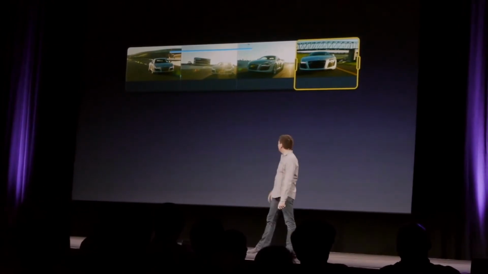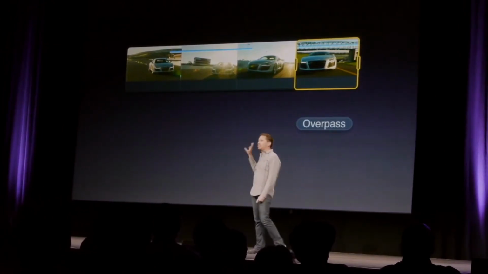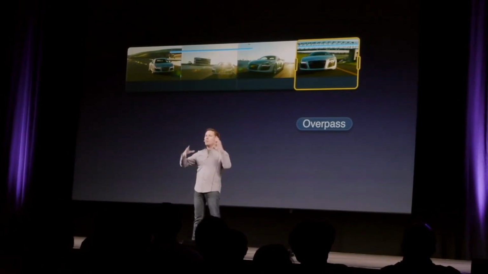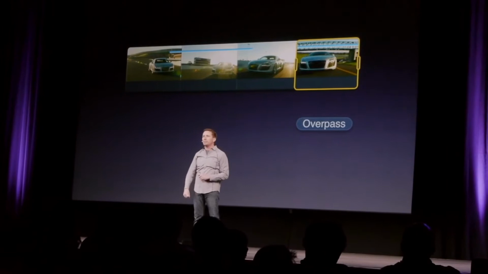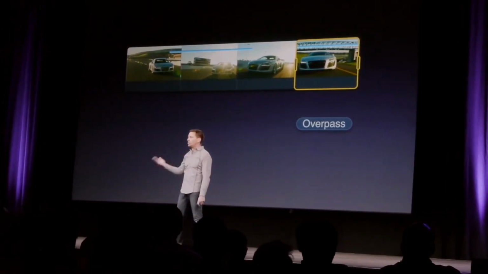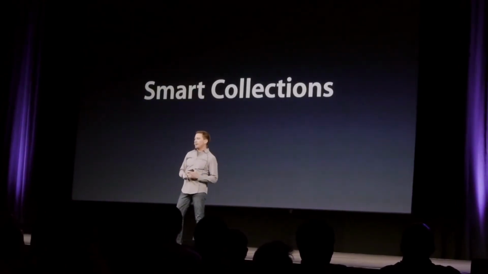Similarly with an overpass, you can go back and find specifically the portions of the media that have what you're looking for. So you don't have to be incredibly rigorous about your organization process. You can just tag it with the things that you need and come back to it when you're trying to find it.